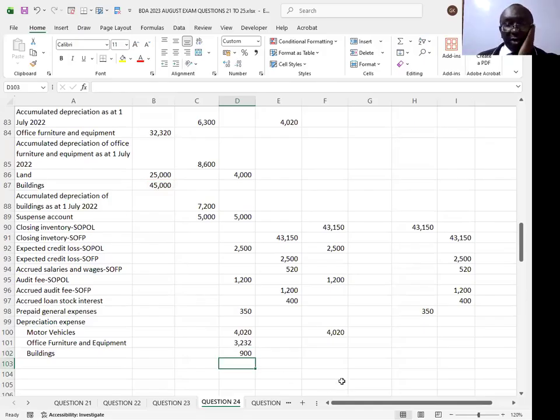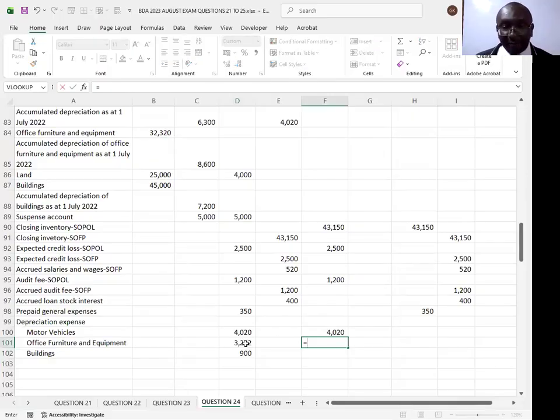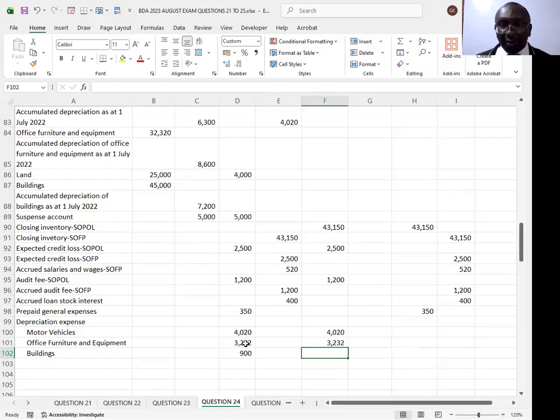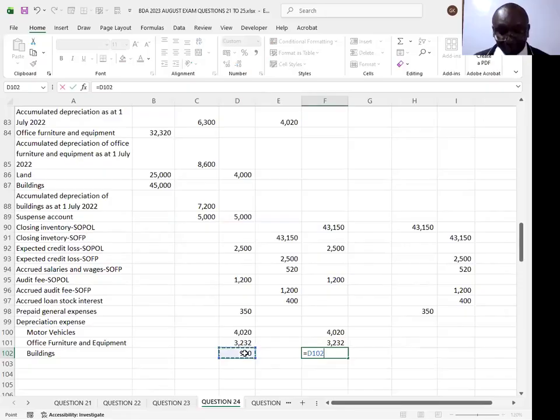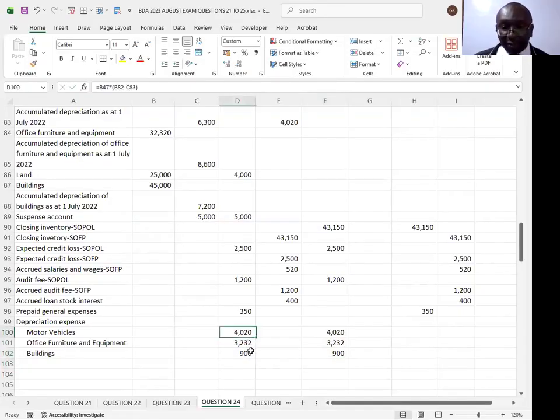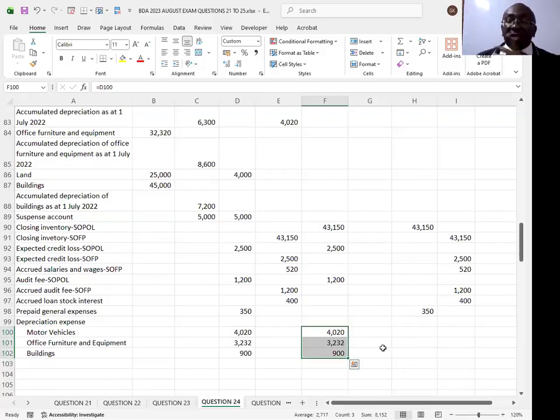And there is something we need to do like we did with the depreciation for the motor vehicles. So hii kwanza, tuilete hapa kwa statement of profit or loss, as well as these 900. So these ones should be brought here on the debit so that they are recognized as expenses.